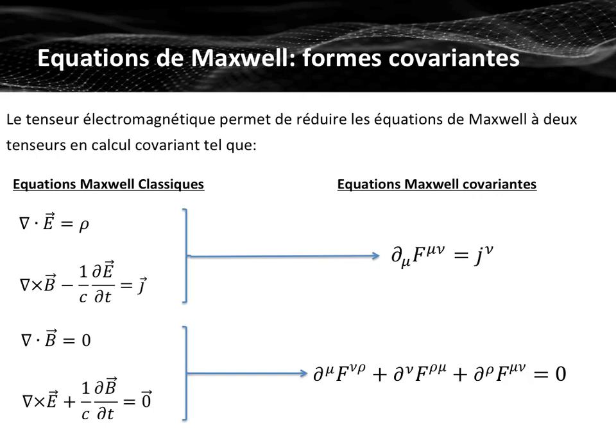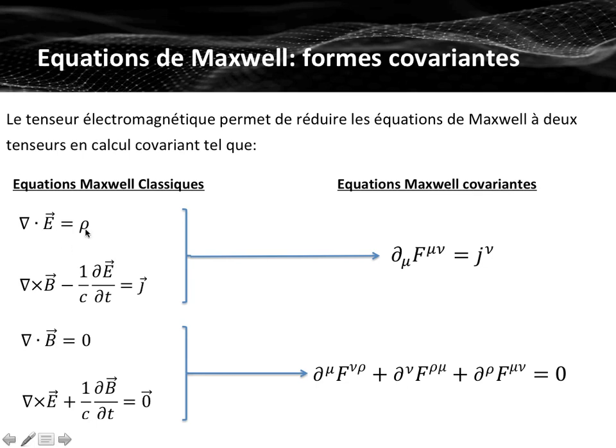Now, here I'm showing you, we are not going to do the calculations, but using the electromagnetic tensor, or the field strength tensor F mu nu, it's possible to reduce the Maxwell's equations in their classic form into a set of two equations containing the field strength tensor.